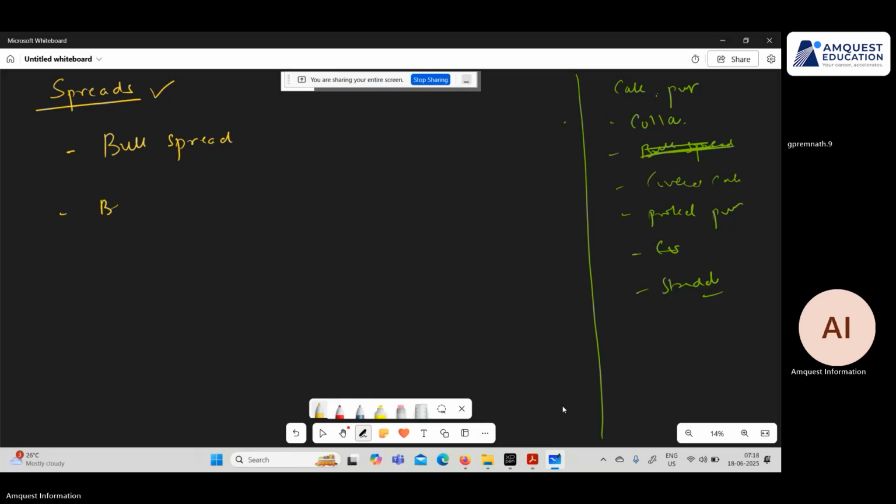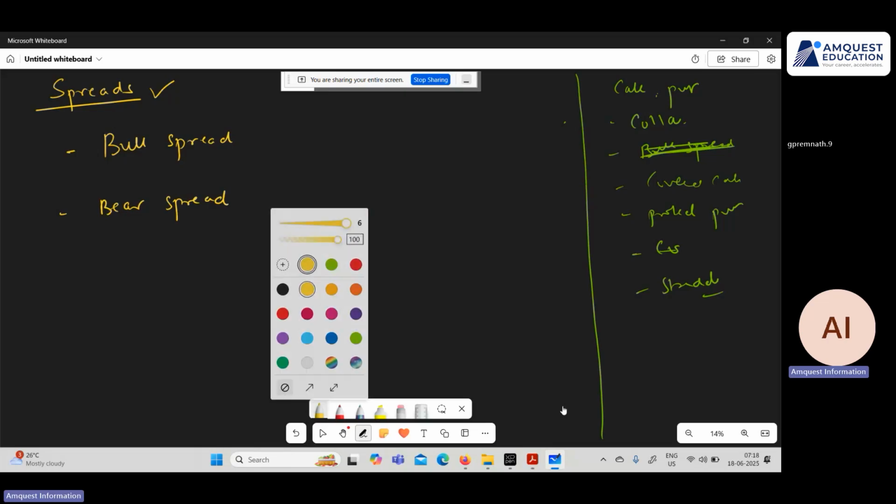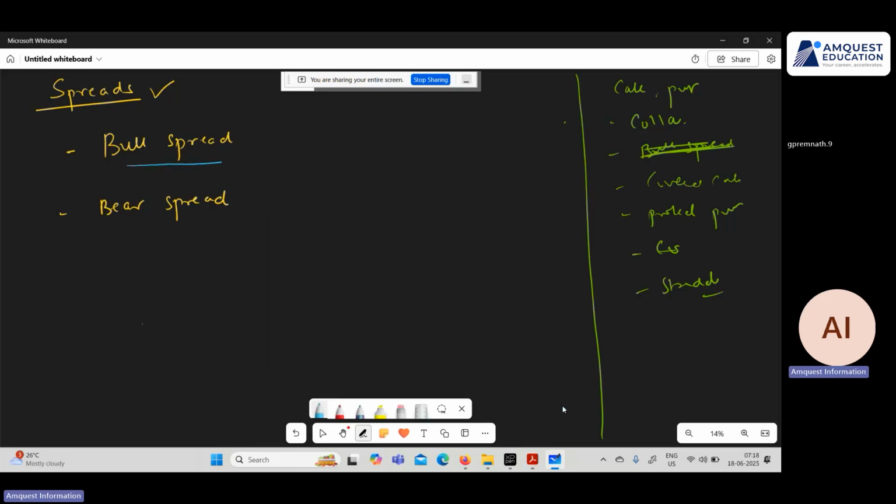Another one is bear spread. One thing to understand here is, although we explicitly say whether it is a call spread or a put spread, the assumption is that if I'm calling it a bull spread, it inherently means I'm looking at a bull call spread.